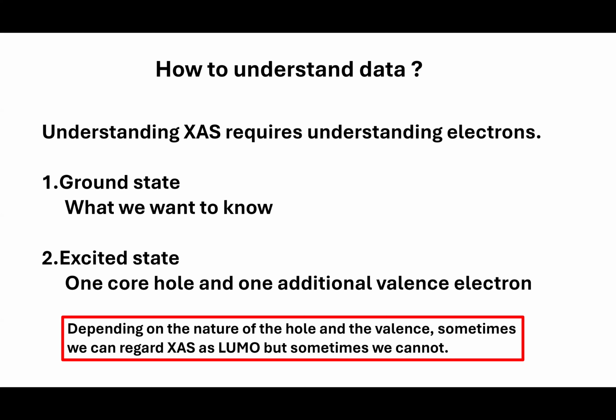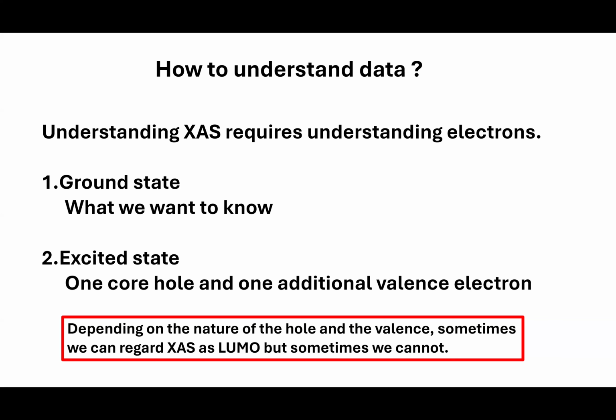Depending on the nature of the core hole and valence, sometimes we can just pretend it's not there. Sometimes we can regard the XAS valence part as an approximation of the LUMO, of the unoccupied states, but of course with the correct symmetry, right? Because spectroscopy always involves selection rules, so it has to be symmetry projected.